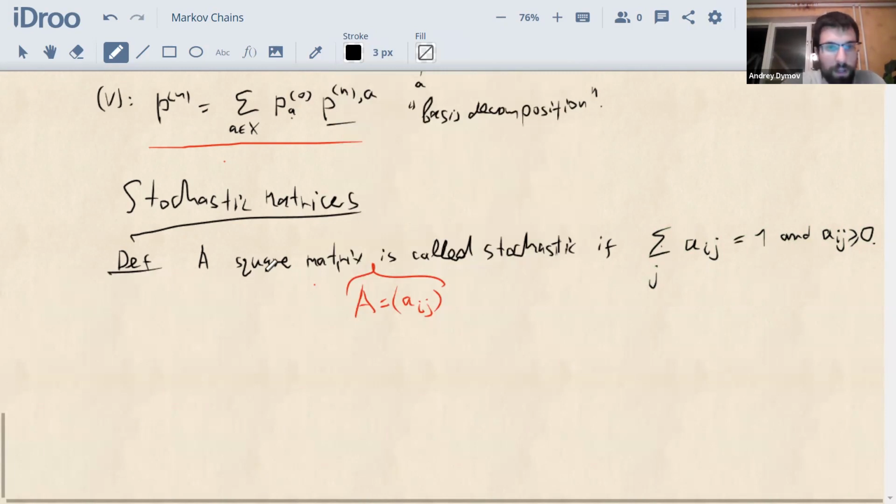So look, any transition probability matrix is stochastic.